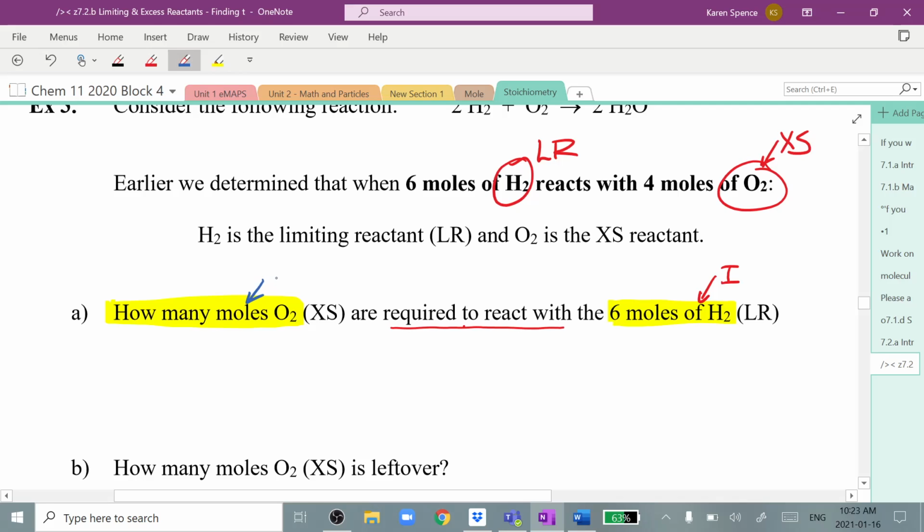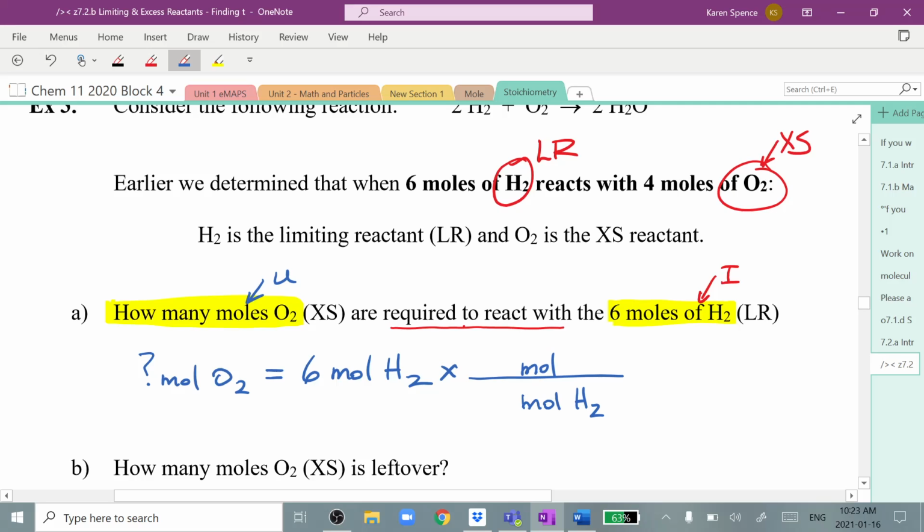That is our unknown. So let's do that math. We have how many moles of O2 are required to react with 6 moles of H2. Cancel your moles of H2 and find your moles of O2.